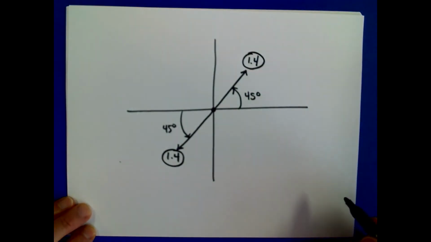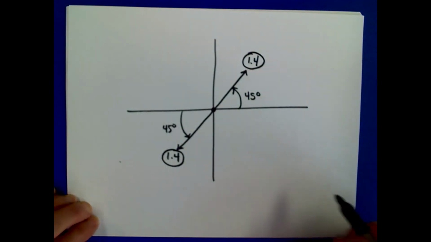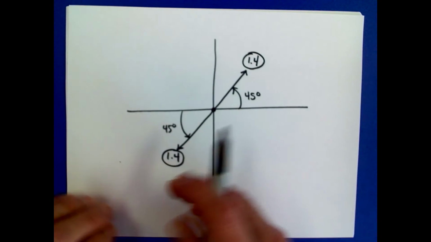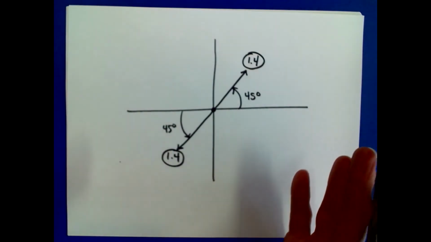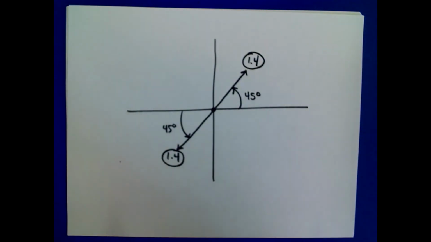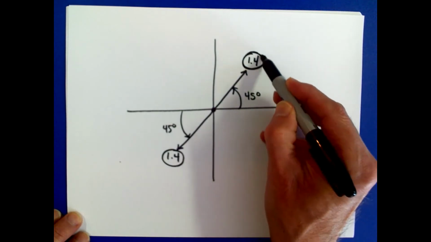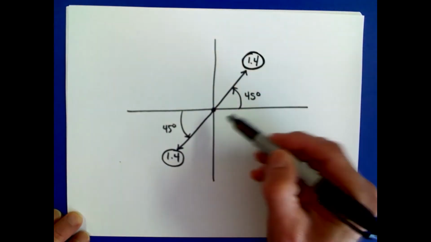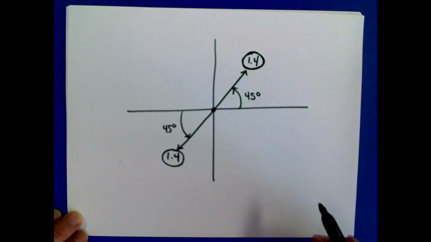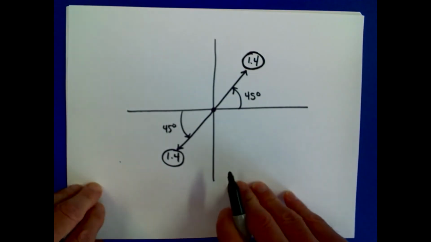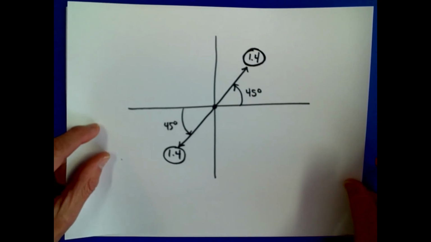When that happens, they cancel out, and overall we would have no vector left over. So we have to remember this when adding vectors: we want to keep track not only of how big the vector is, but also of which direction it's pointing. Just keep this idea in mind when we're thinking about molecular polarity.